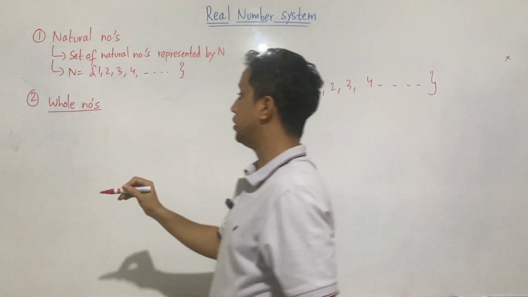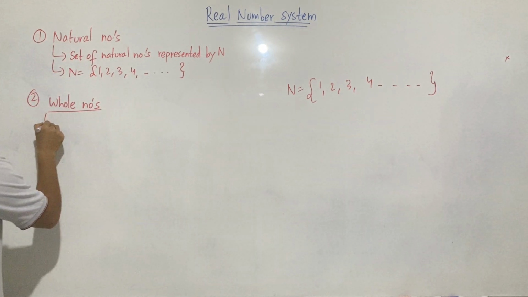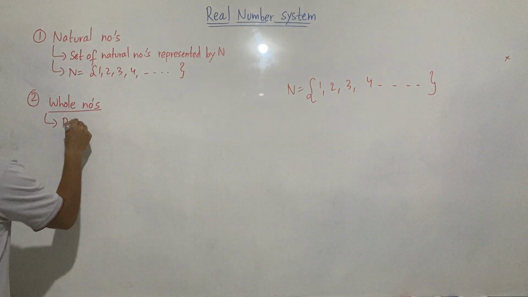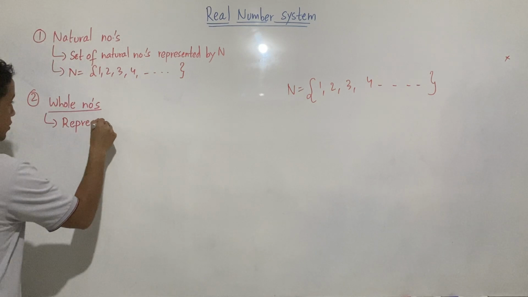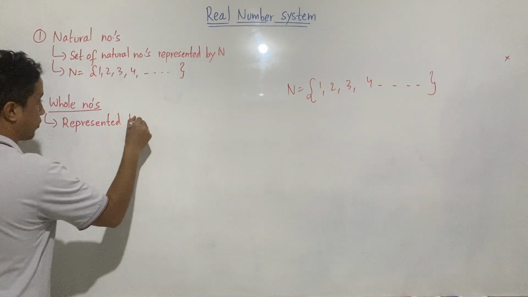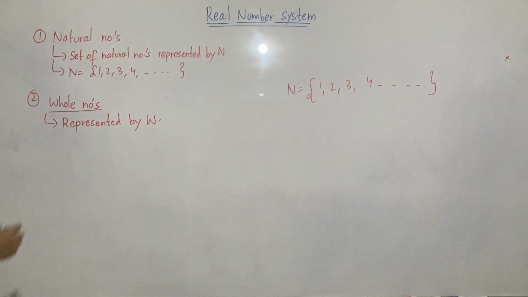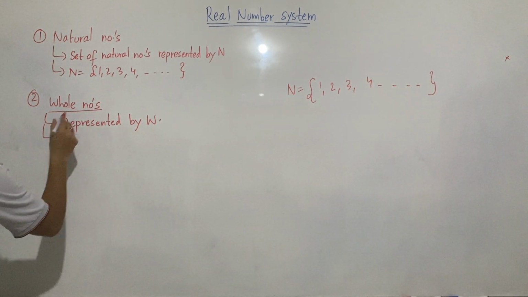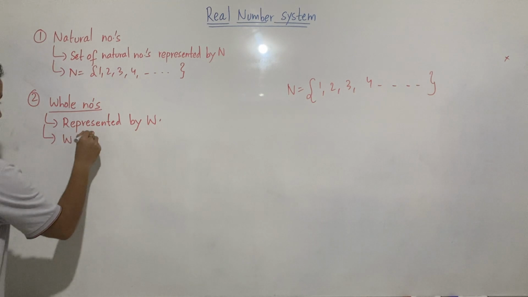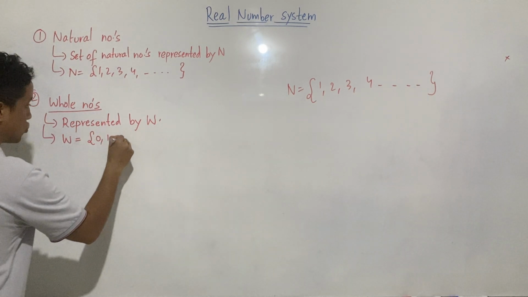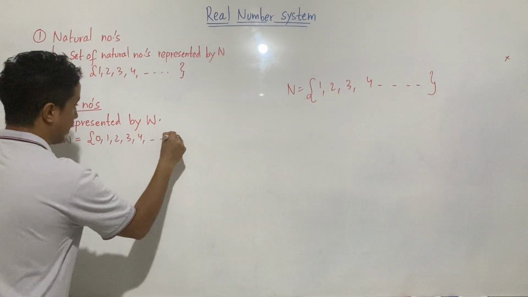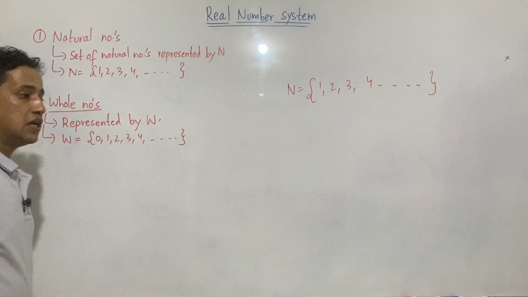The set of whole numbers is represented by W, and W is going to be 0, 1, 2, 3, 4, and so on.